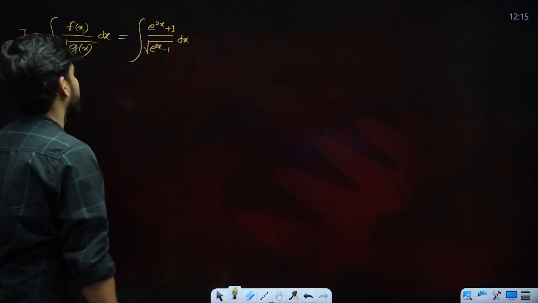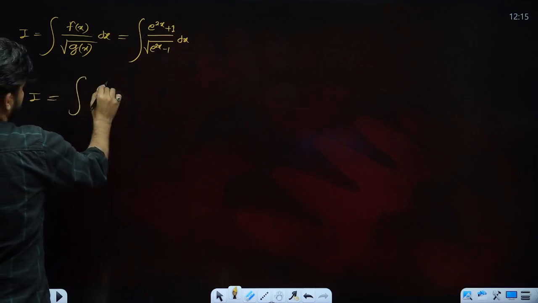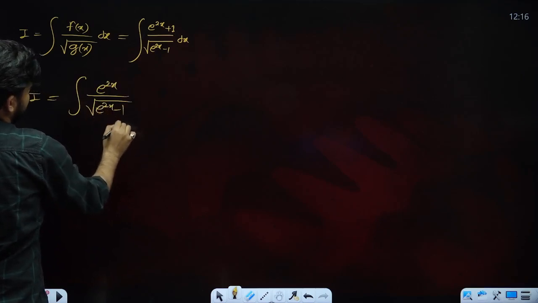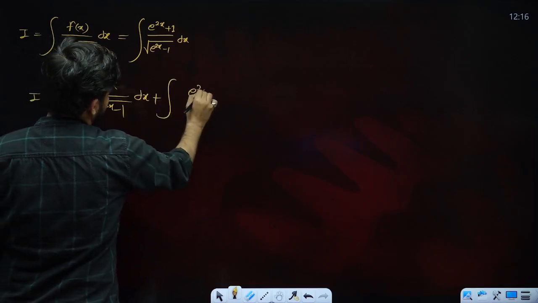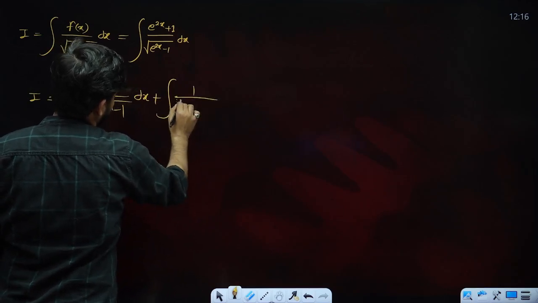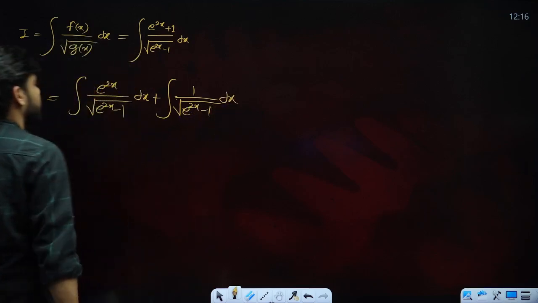Okay, that's how we can write it. Now here I is equal to the integral of e raised to 2x upon under root e raised to 2x minus 1 dx, plus 1 upon under root e raised to 2x minus 1.